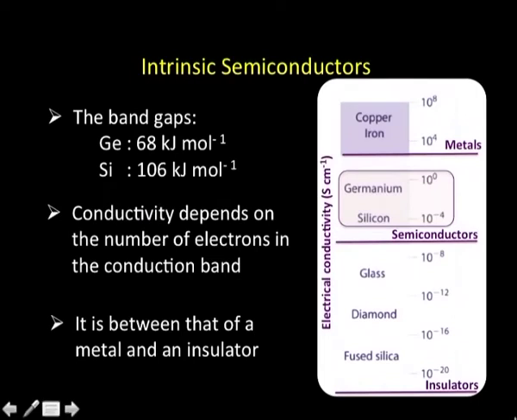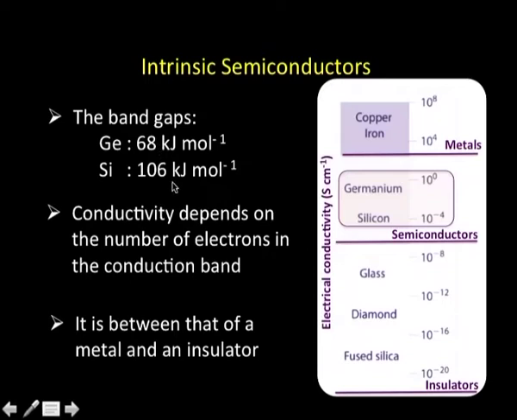Now, if you look at conductivity, which I have been mentioning a number of times: in germanium and silicon, we find band gaps of the order of 68 to 106 kilojoules, and the conductivity depends on the number of electrons in the conduction band. That depends on two things. One, the band gap. At a given temperature, say room temperature, germanium will have more conduction than silicon because its band gap is lesser.